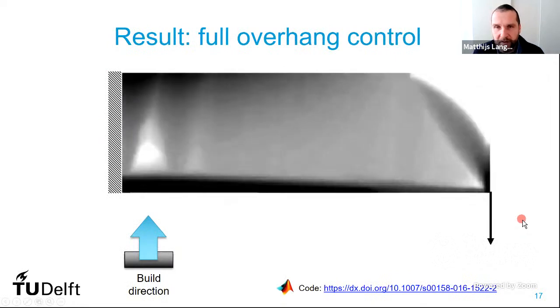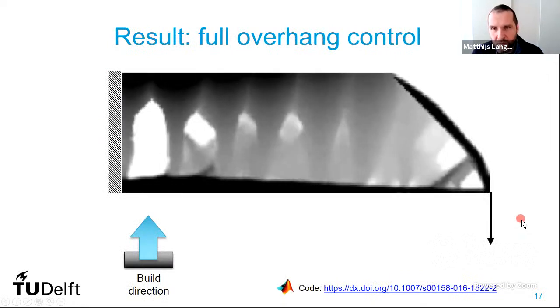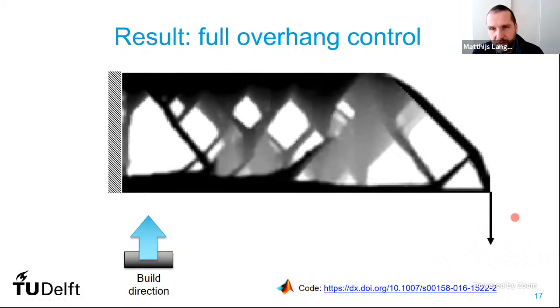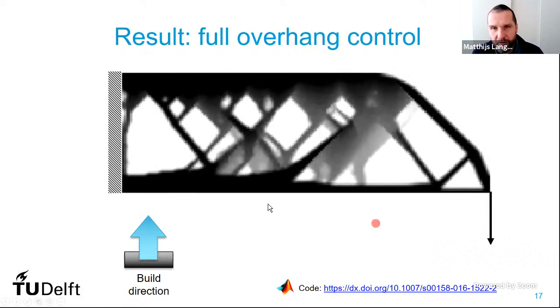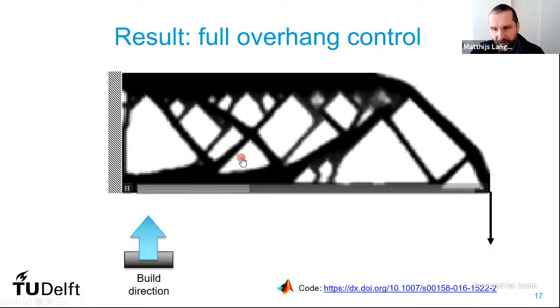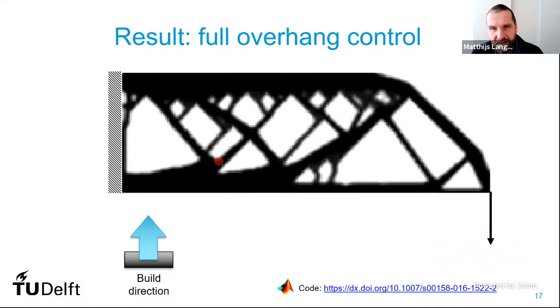Okay, so let me illustrate that here with an animation of the same problem, but now with this printing filter in the loop. So you see the evolution shows that initially it was rather a gray part, but because gray elements can basically build on gray elements. But as the design is converging, you see that we get all these 45-degree slopes everywhere and well-supported regions.